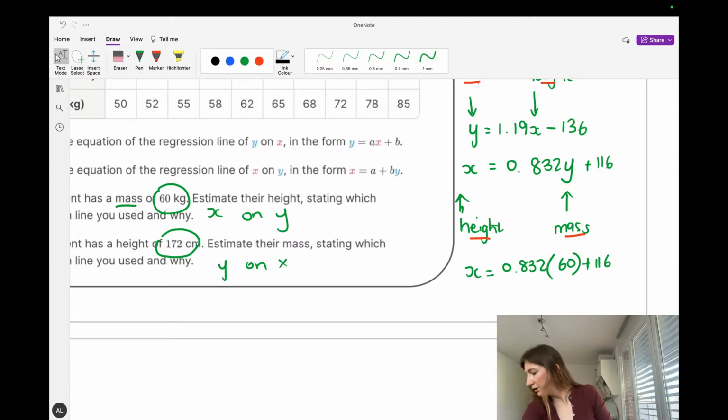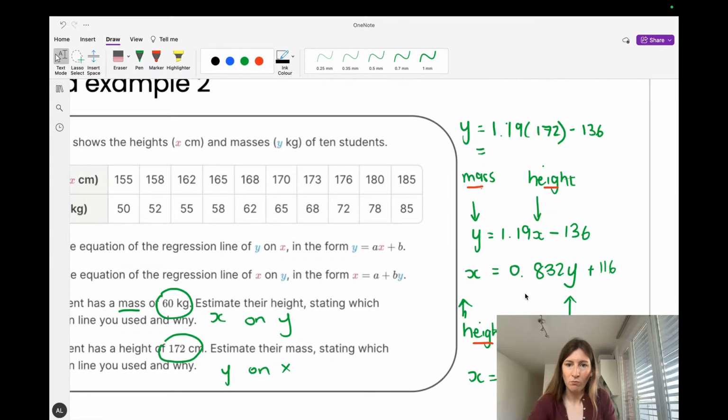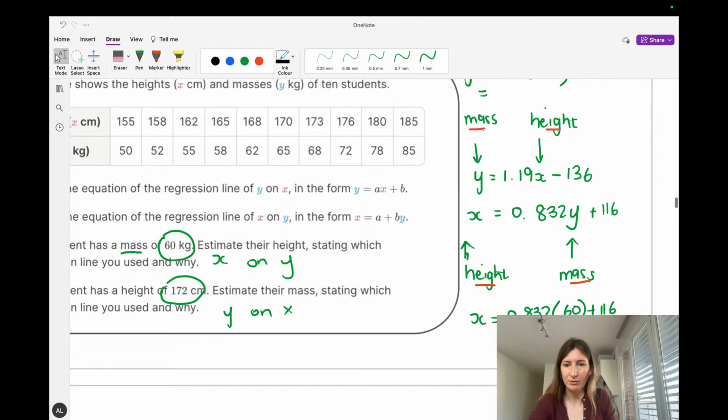Yeah, the A times the Y value, that is here, I presume you mean. This was my A times my Y value. That is because I'm using my X on Y. So I didn't do it on my Y on X, I did it in my X on Y because we're wanting to know, remember Y is my mass.